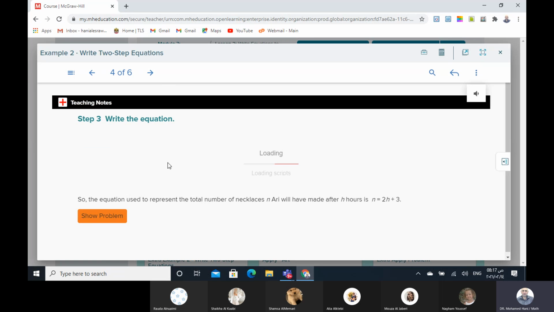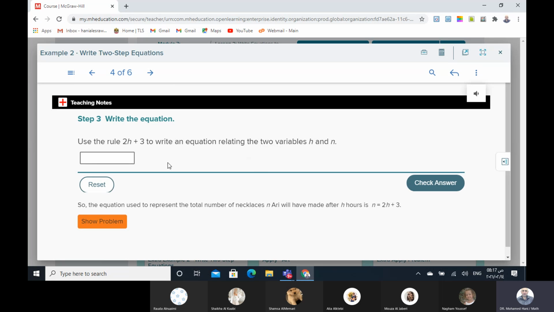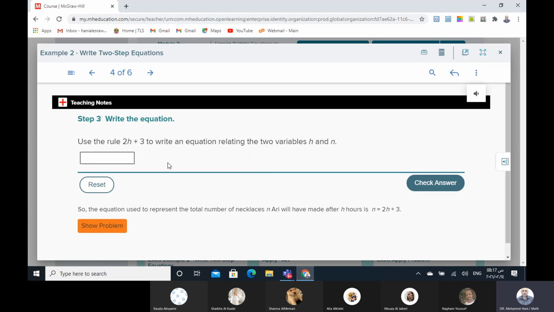It means that it is not the right equation. So now we want to write the equation. Use the rule 2h plus 3 to write the equation relating the two variables h and n.